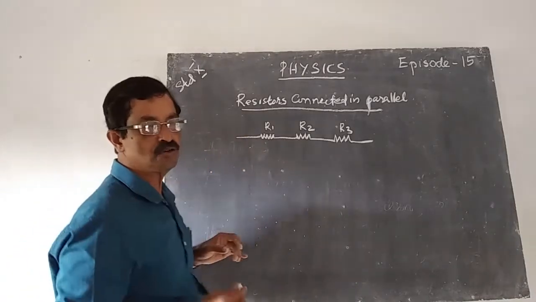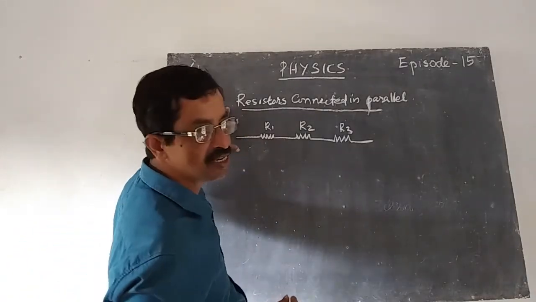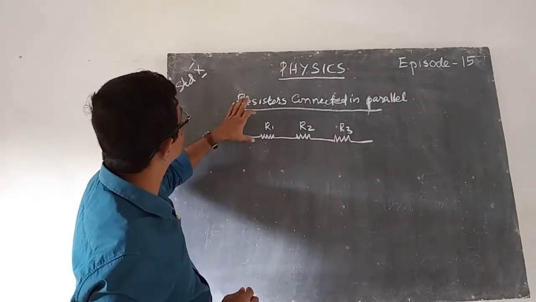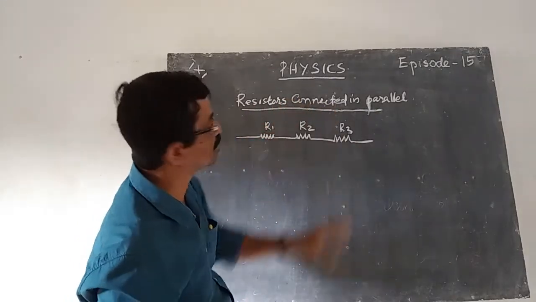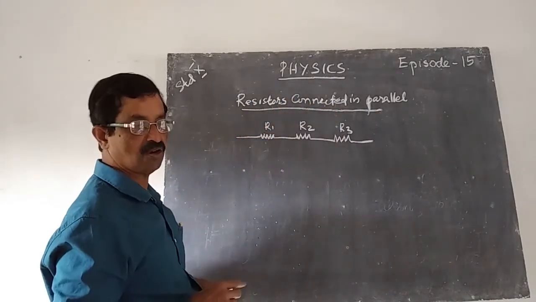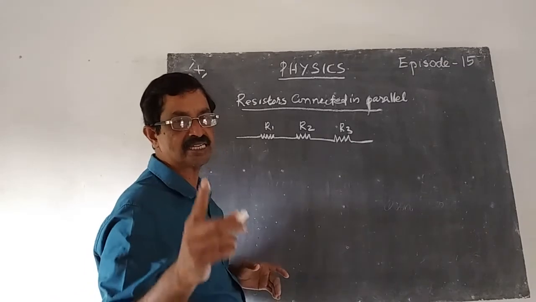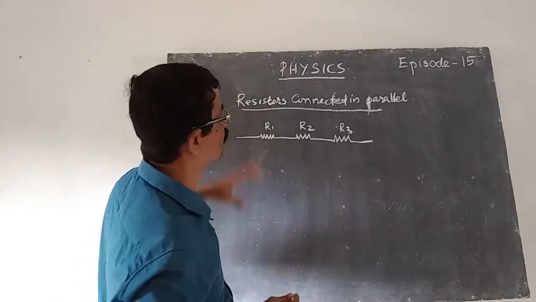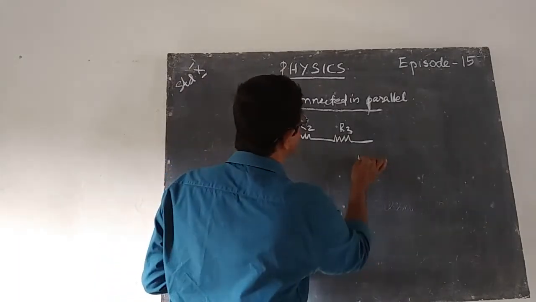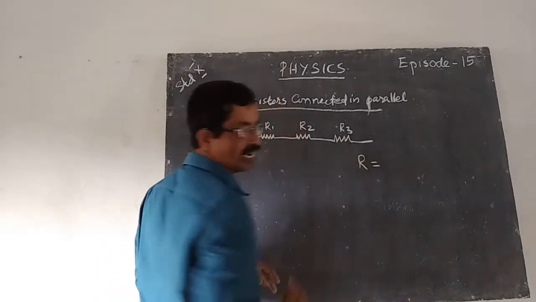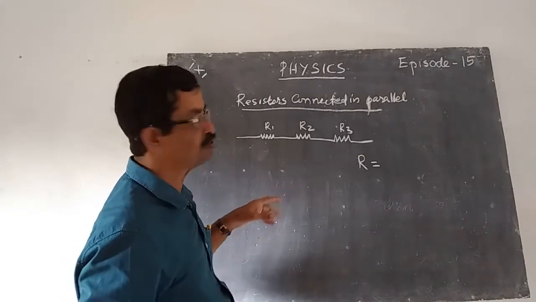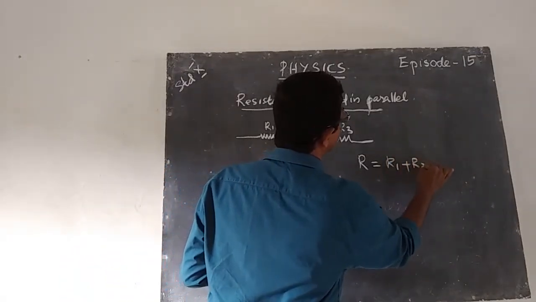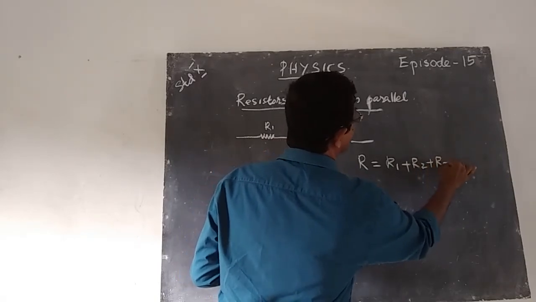Also you got the relation to calculate the total resistance of these three resistors. Whenever we connect resistors in series, we can calculate the effective resistance by the relation R is equal to R1 plus R2 plus R3.